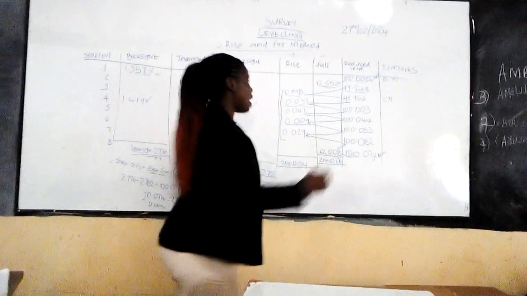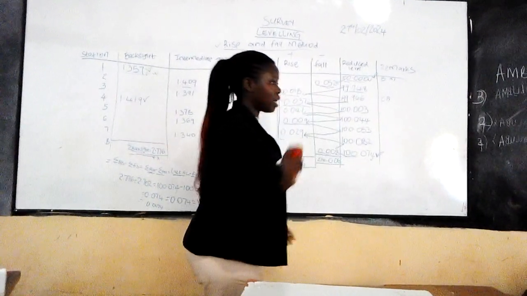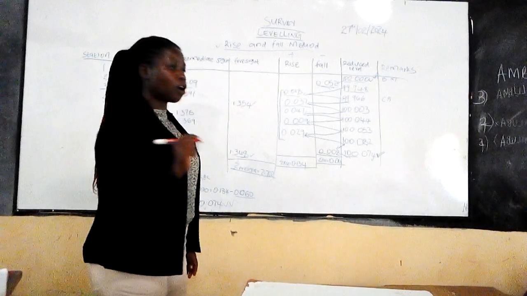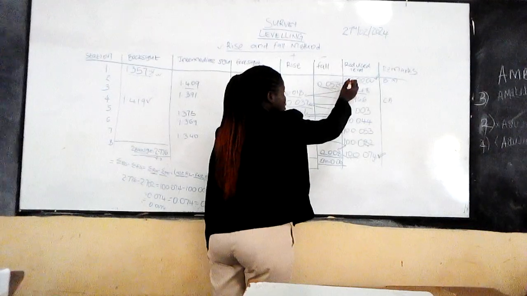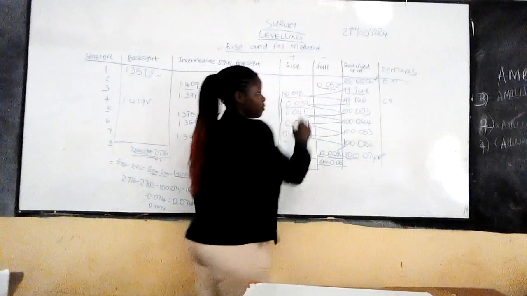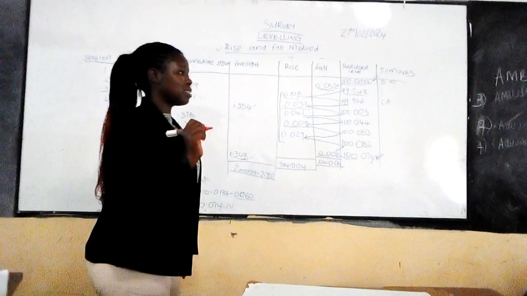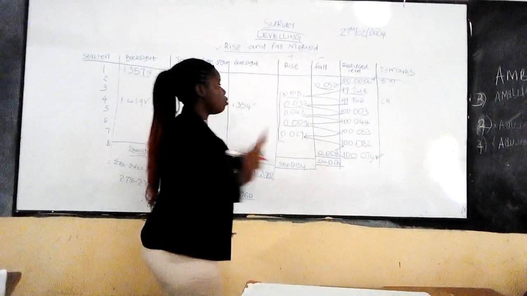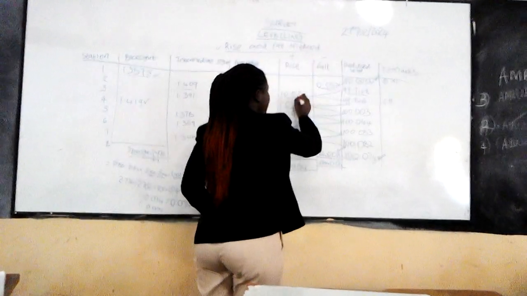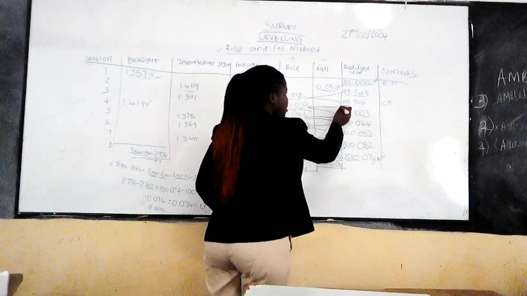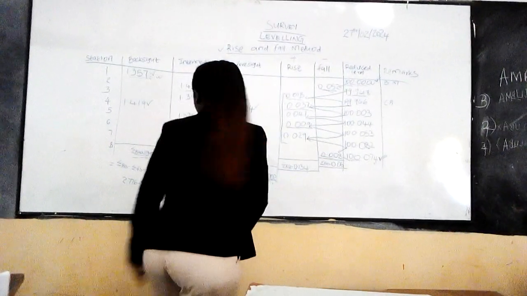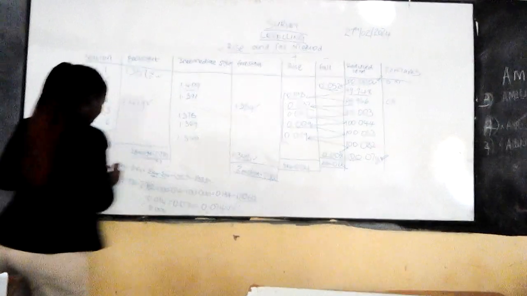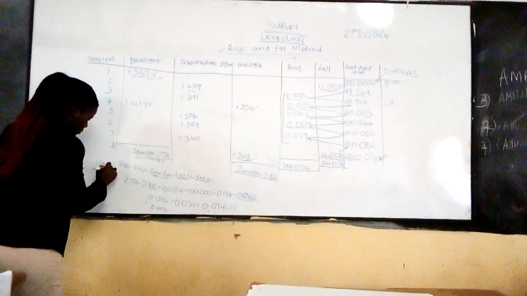Now we take this 100, and if it is in the fall column, we subtract the fall from the reduced level. And if it is in the rise column, we add it, and place it on the reduced level. After calculating all of this, we will calculate our checks.